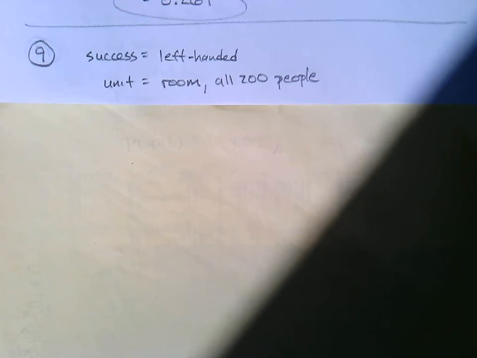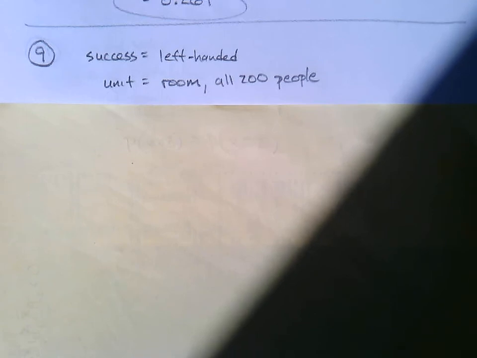Well, in this case, we're going to use the second style talked about earlier. We're going to think of lambda as the expected number of successes per unit. So if the unit is the entire room, how many left-handed people would we expect? Expect is like expected value, kind of like finding an average.